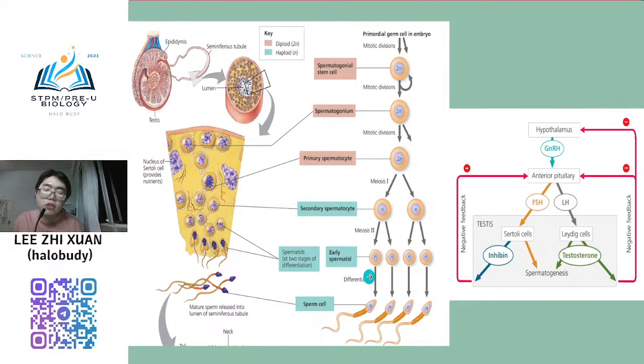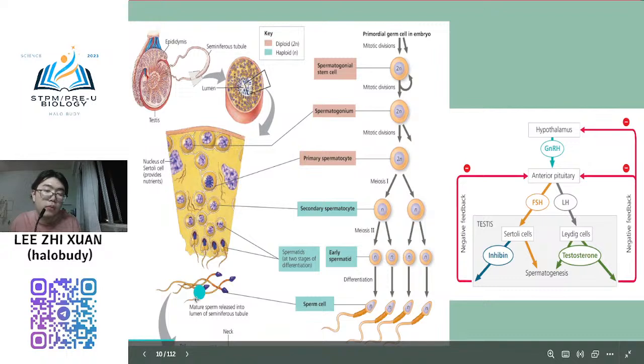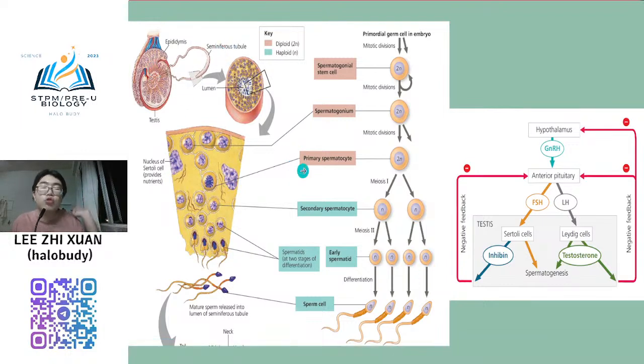It will undergo cell differentiation to form the mature sperm cell. Then it is released into the lumen of the seminiferous tubule and goes toward the epididymis for the maturation process. So this is the overall process of spermatogenesis.